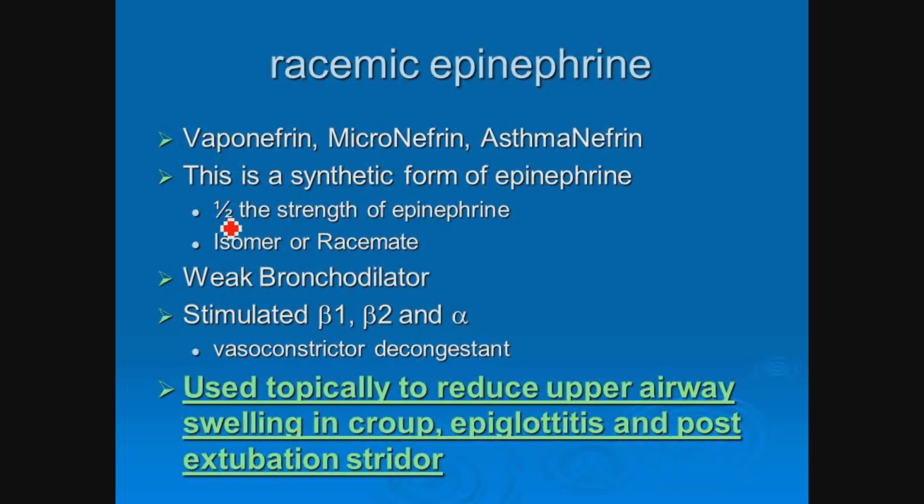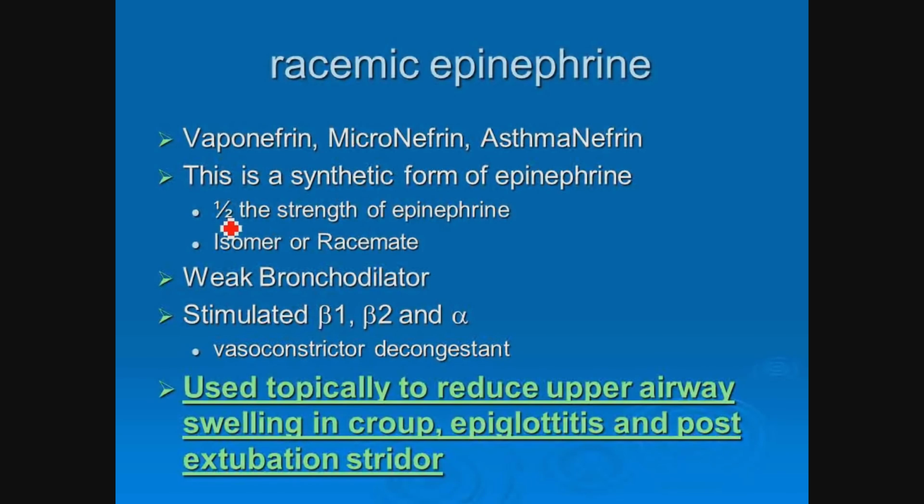And we're going to use it as a decongestant, causing vasoconstriction to reduce upper airway edema, where we would see that with diseases like croup, epiglottitis, and stridor, which might occur post-extubation. Okay? And I know we haven't talked about what croup or epiglottitis is yet, but they're both upper airway inflammatory diseases where we have swelling occurring.